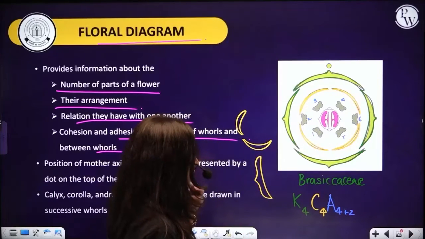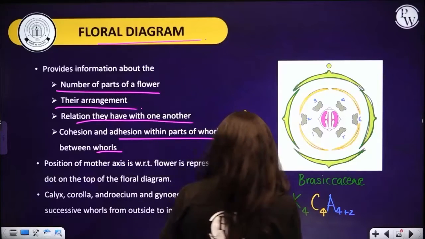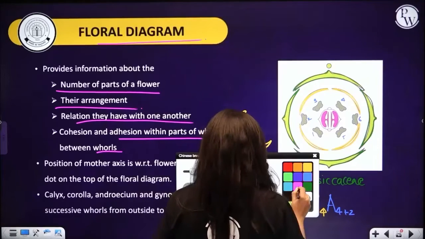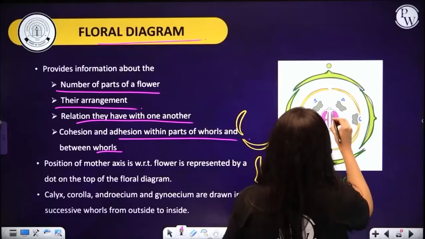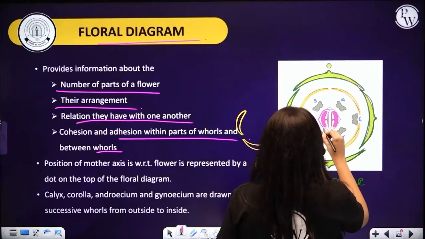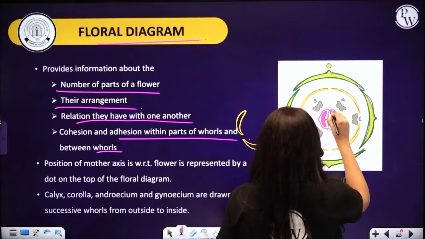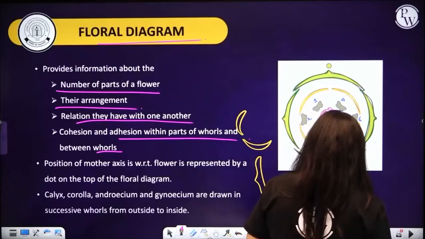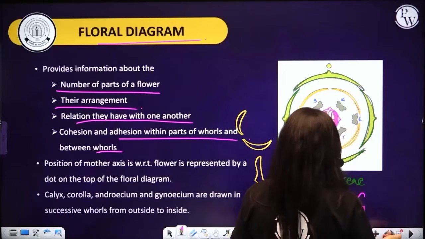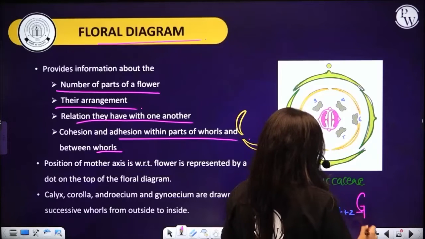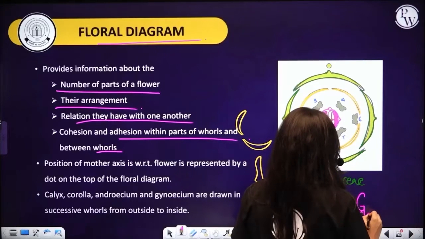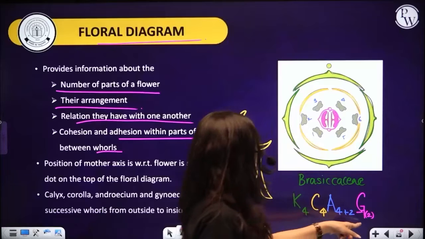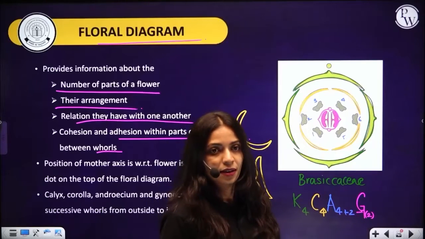Then you have the gynoecium, right? This represents the gynoecium. This is a superior ovary, so I'm drawing a line below it. There are 2 carpels that are fused, so I'm going to write it like this.